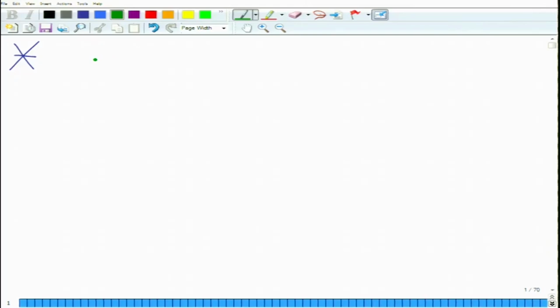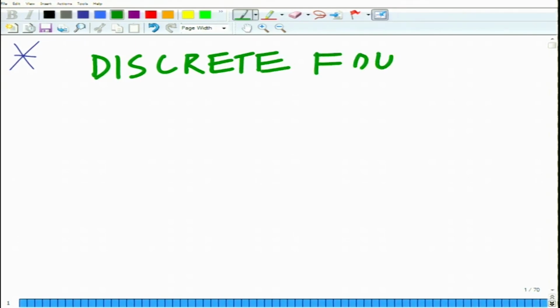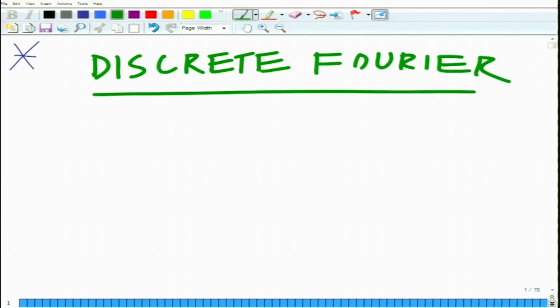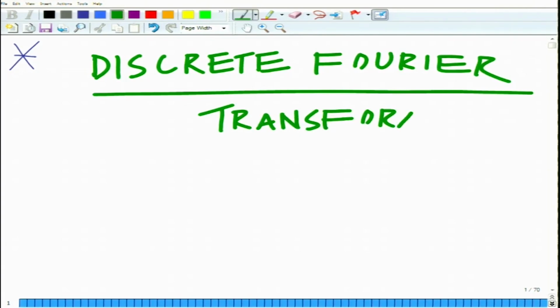So this is the Fourier analysis of discrete time signals, and in particular of a very important transform for discrete signals, the discrete Fourier transform, which has revolutionized digital signal processing, because there is a very fast way to implement the discrete Fourier transform, that is the DFT, through the FFT, that is the fast Fourier transform routine.